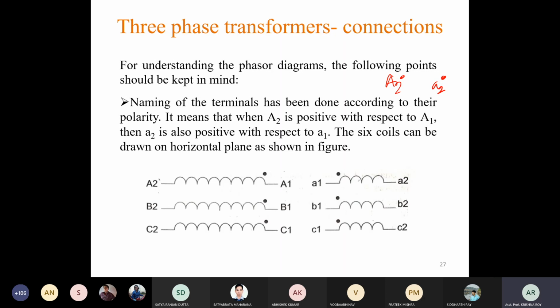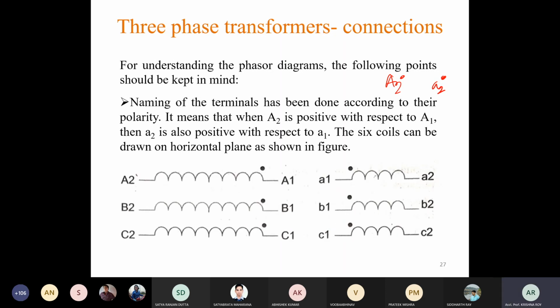Now based on that, we can draw the three windings on a horizontal plane. Here A1, B1, C1 all have the same polarity. Similarly, small a1, small b1 and small c1 also have the same polarity.